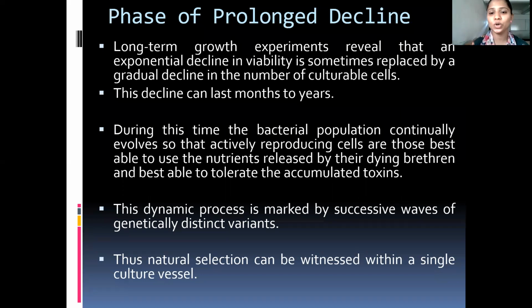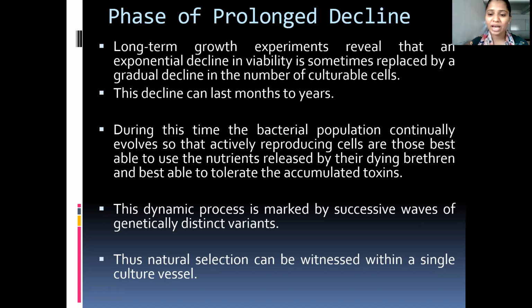Phase of prolonged decline. Long-term growth experiments reveal that the exponential decline in viability is sometimes replaced by a gradual decline in the number of culturable cells. This decline can last from a month to years.